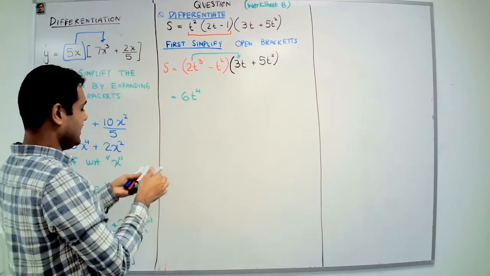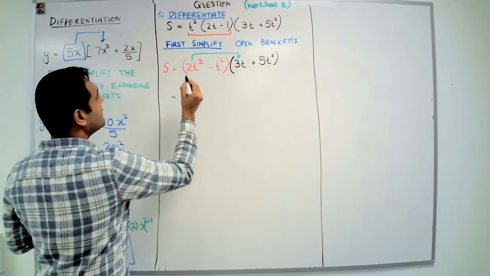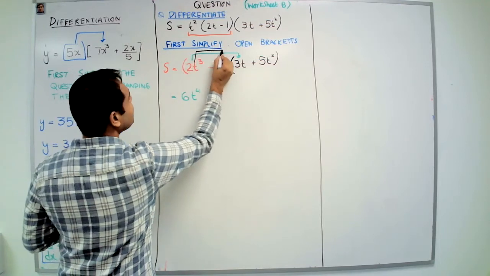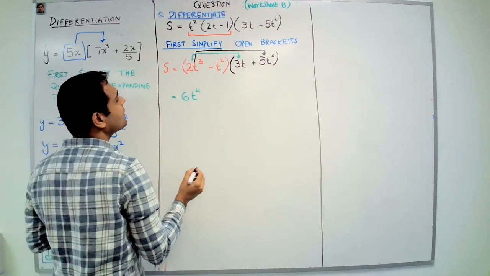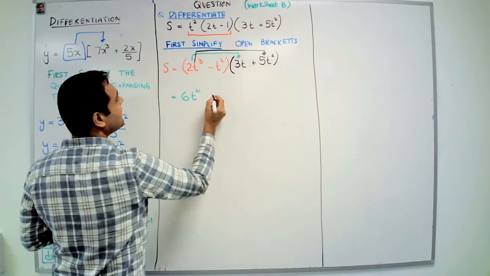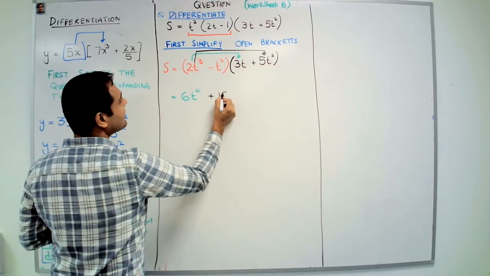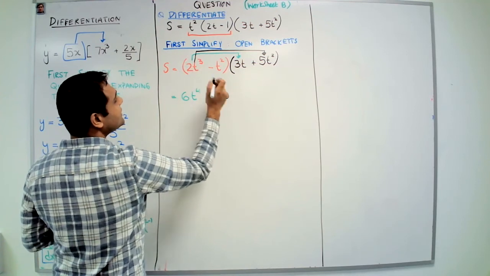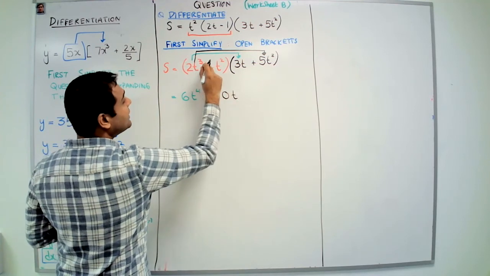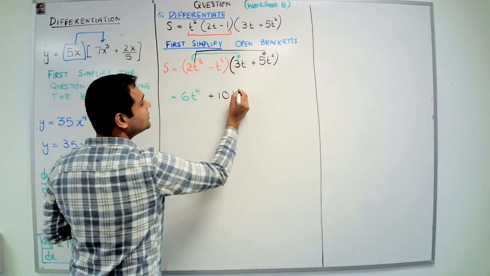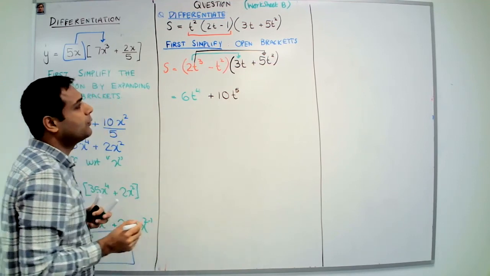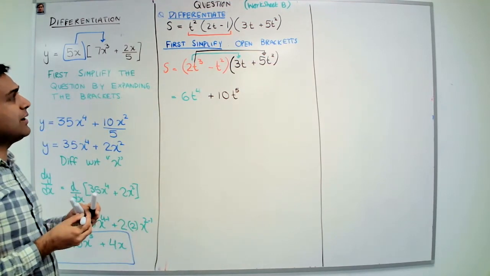Then I can multiply 2t cubed with 5t squared. 2 times 5 is 10, a positive 10, and t cubed times t squared, we add the powers, 3 plus 2 is 5. When you multiply, you add the powers.